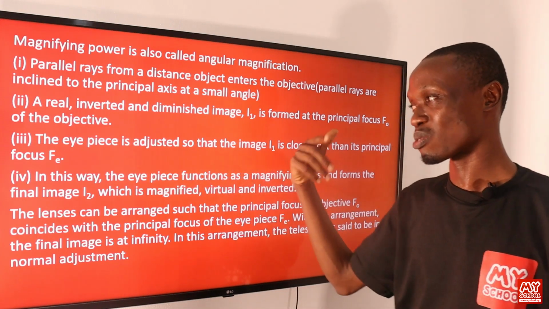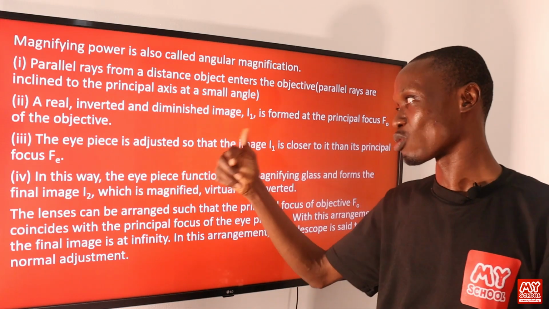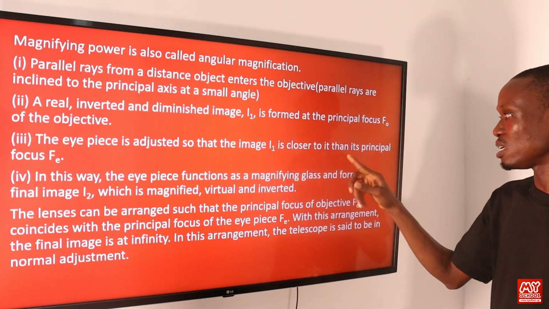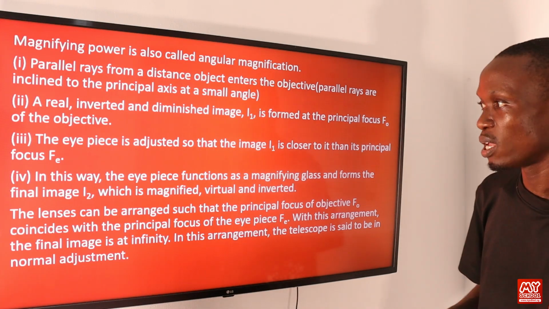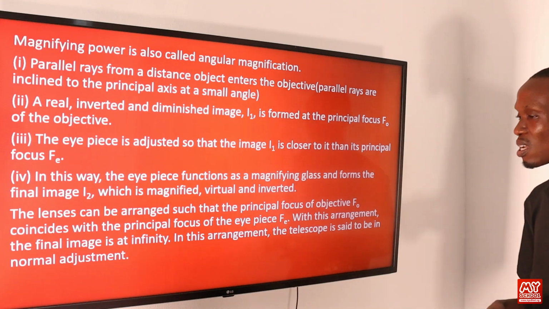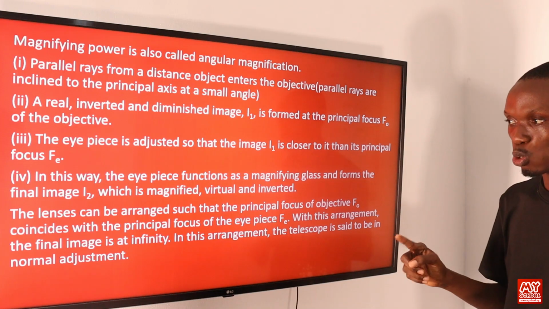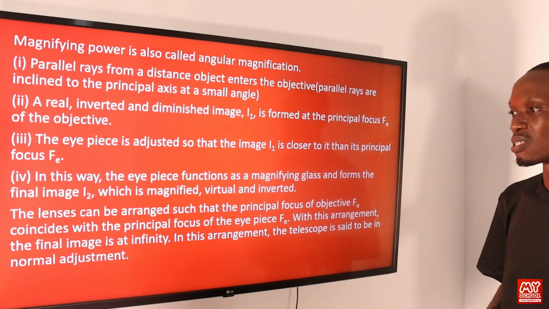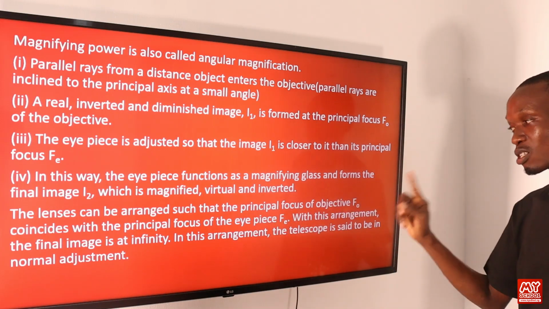The eyepiece is adjusted, almost like the compound microscope, so that the image I1 is closer to it than its principal focus, Fe. In this way, the eyepiece functions as a magnifying glass and forms the final image I2, which is magnified, virtual, and inverted.